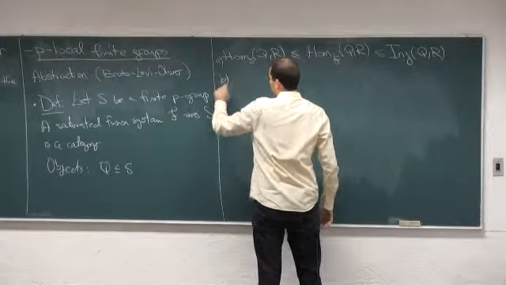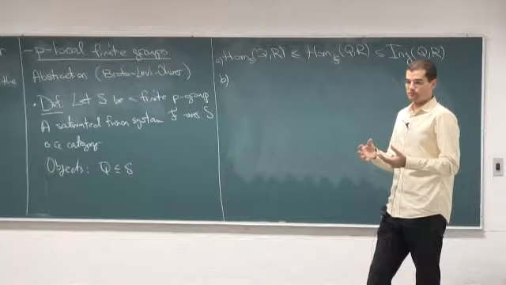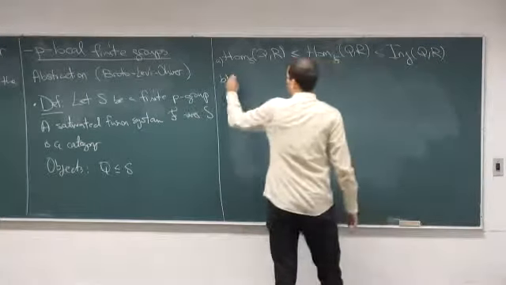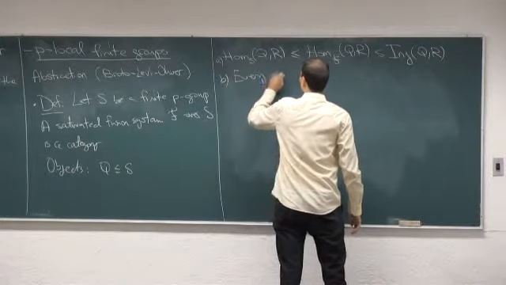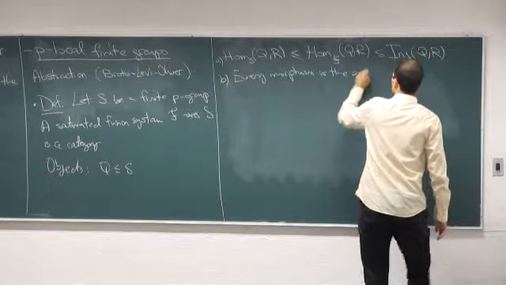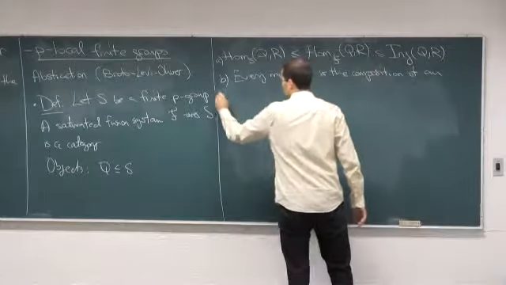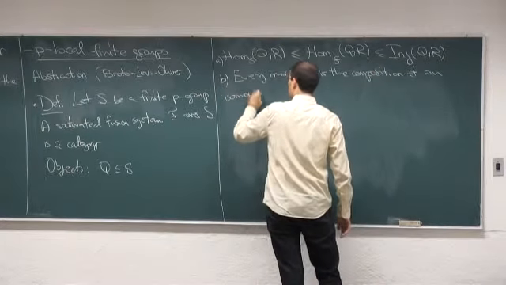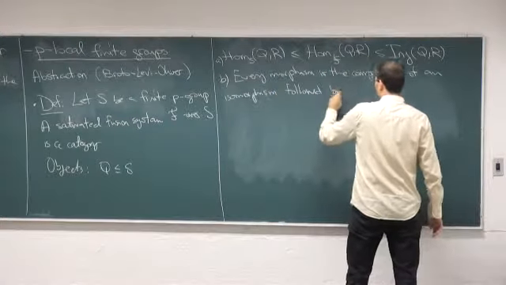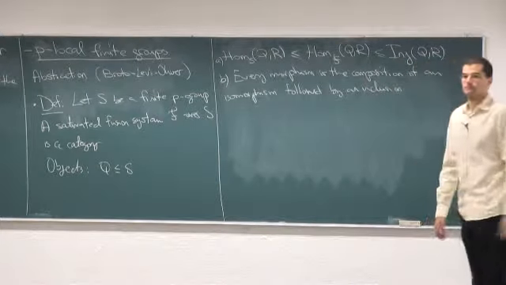We also want morphisms to satisfy the same property that every conjugation is an isomorphism to its image and then an inclusion. So every morphism is the composition of an isomorphism followed by an inclusion. Okay?